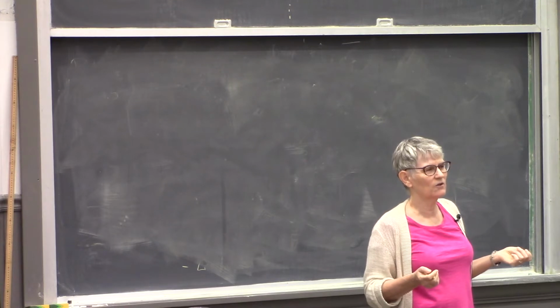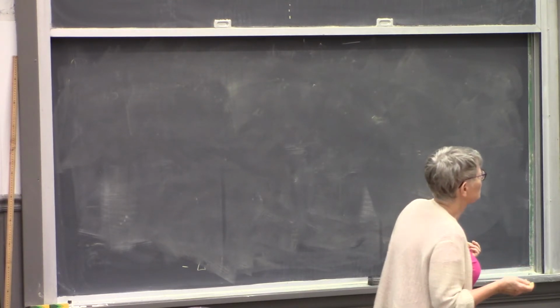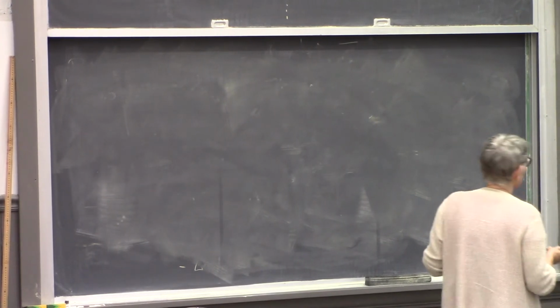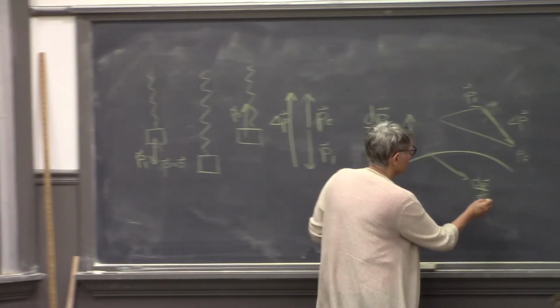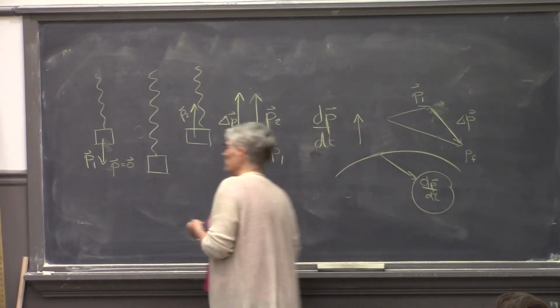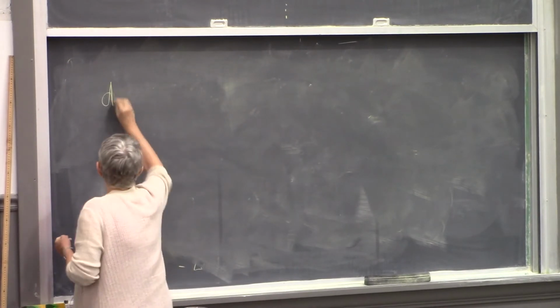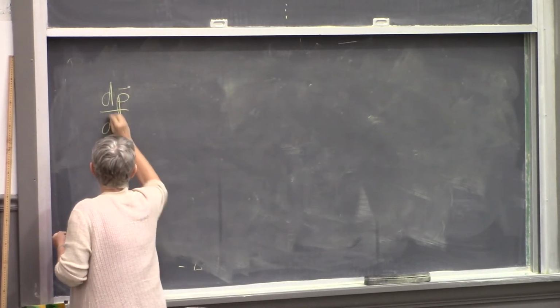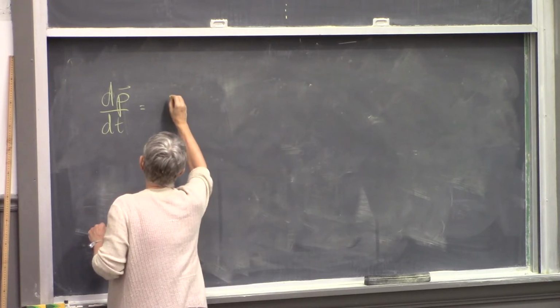They could be along other directions. And it turns out to be really interesting and useful to think about the parts of this vector as two pieces.